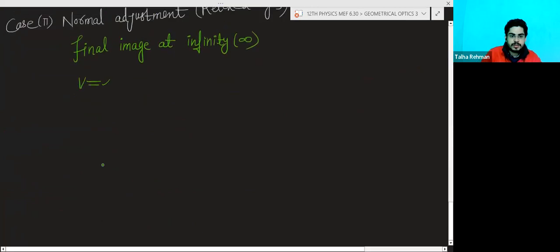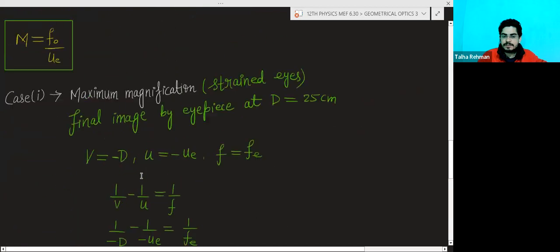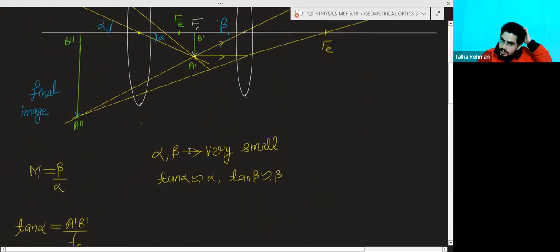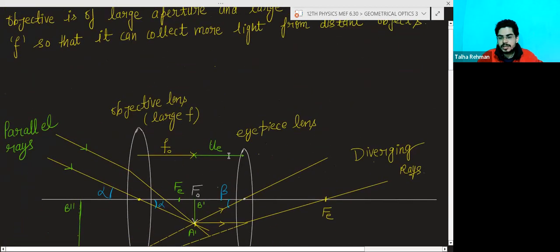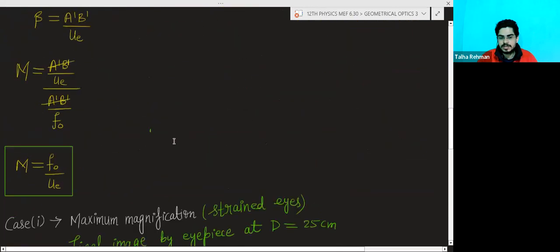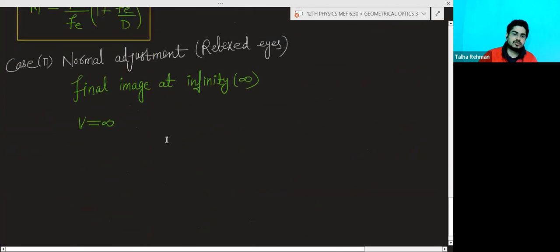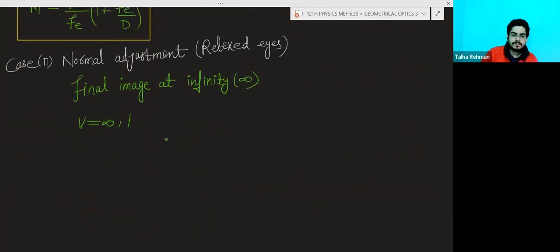V is equal to infinity and the object distance will be the same, UE. Object distance will be UE, and you will take this negative because you are measuring this UE in the opposite direction of the incident light. So the object distance will be minus UE, and the focal length of the eyepiece will remain the same.